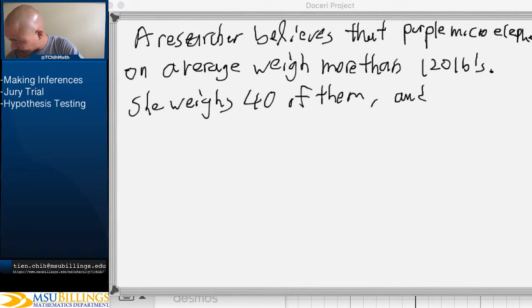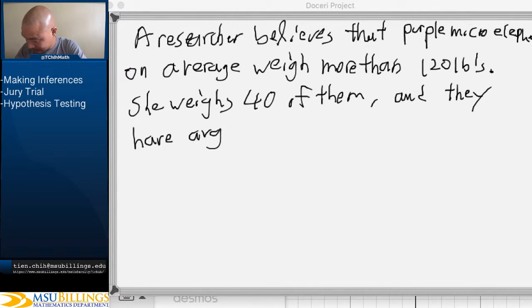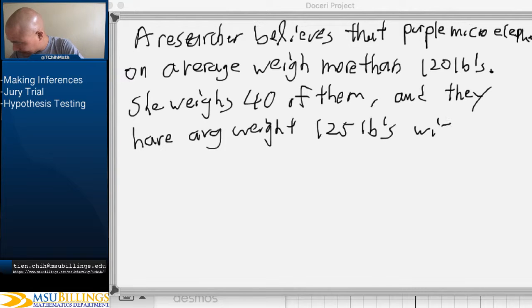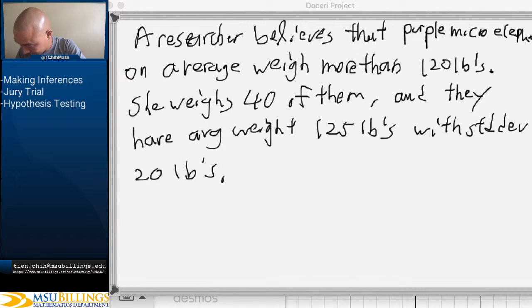So she weighs 40 of them, and they have average weight 125 pounds with the standard deviation, let's say, 20 pounds. Is she right?